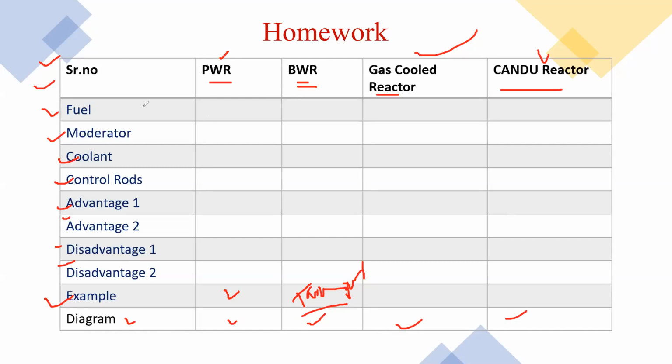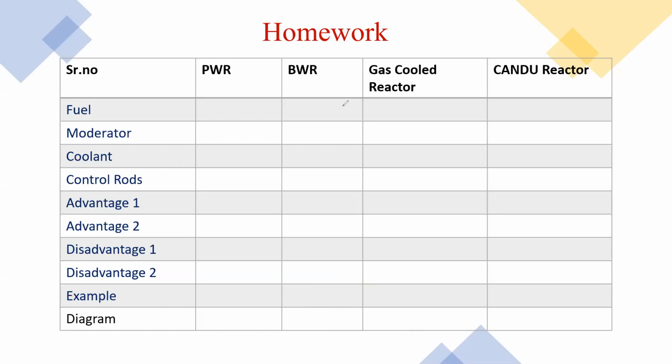The difference is only in fuel, moderator, coolant, and control rods, and some advantages and disadvantages. Some advantages and disadvantages are also common. In this way you can prepare this chart and post it on our official group. This is very important. Each and every student make this chart, with clean and neat handwriting, and post it on your official group after completion.